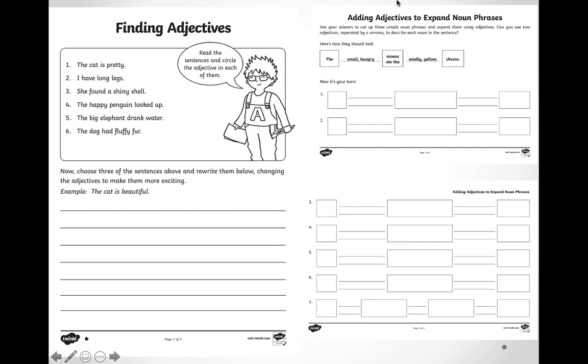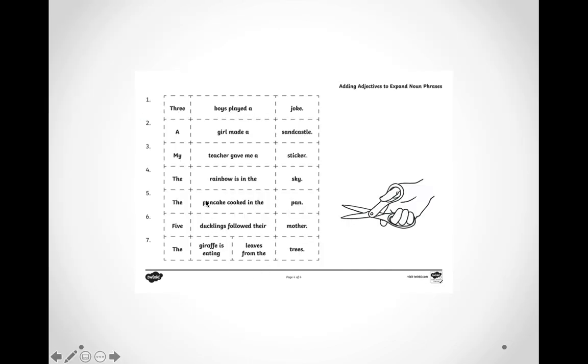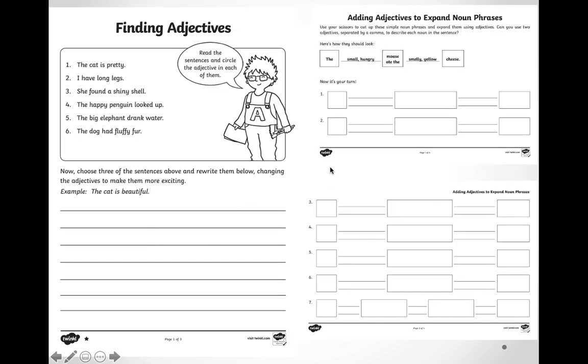Now for this activity sheet, please note that you can use these words here. You can print it out and cut the words out and place them in the boxes. On the line, you will write different describing words. So for example, small, hungry, smelly, and yellow. These are all examples of describing words.